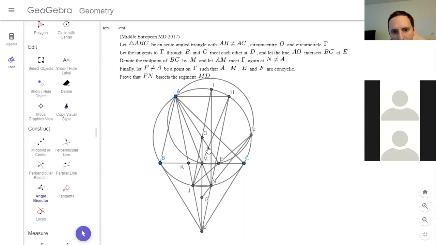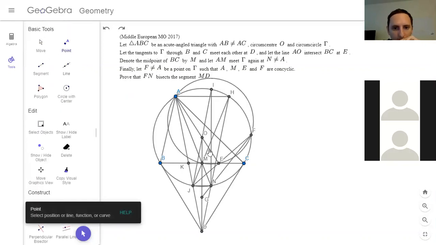Would go to this point. HJ intersect AO. I can label that point.